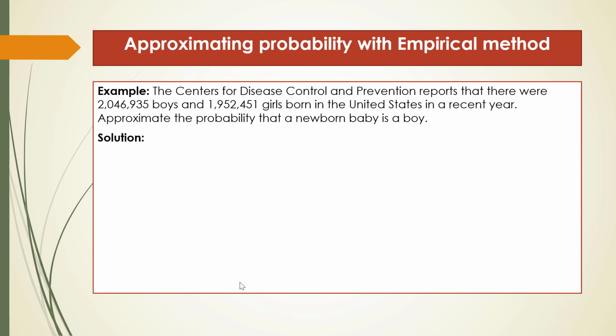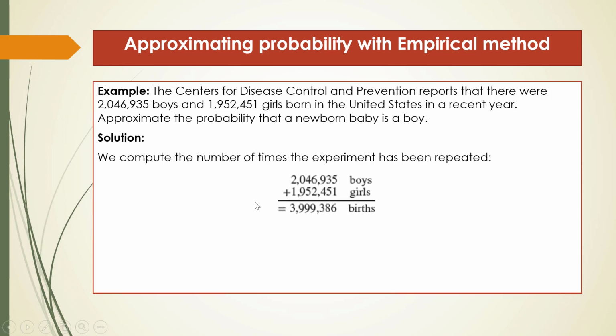So here, before we find the probability that a newborn baby is a boy, we need to find the number of total births in that recent year. Basically, we add up the 2 numbers and we realize there were 3,999,386 births.